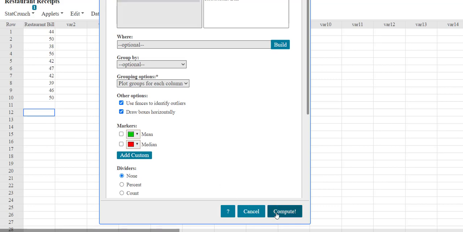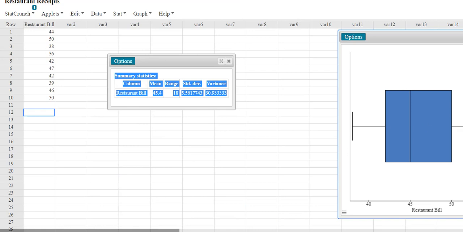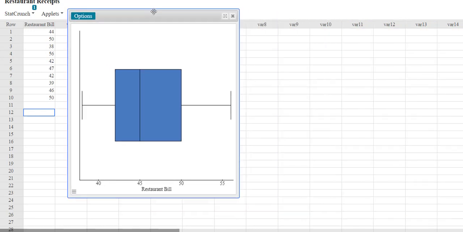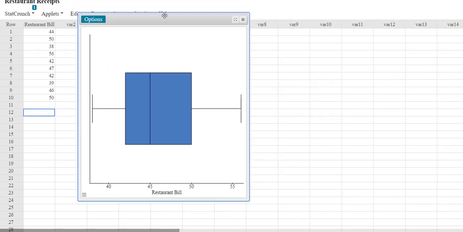So draw boxes horizontally and compute. And here is our box plot. If there were any outliers, they will be outside of the fences. So let me copy this into our notes real quick, because one of the things that I want us to notice is our math and how it lines up with this.